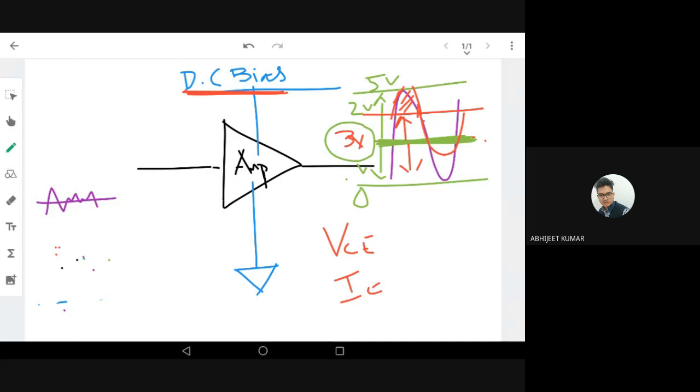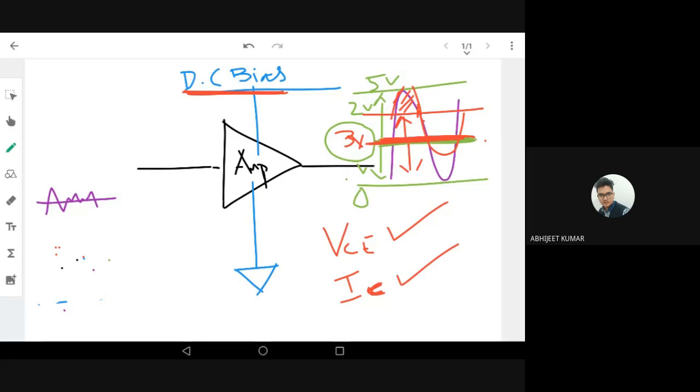These are the output parameters we are concerned with, because they fix the exact midpoint on which the signal is riding.